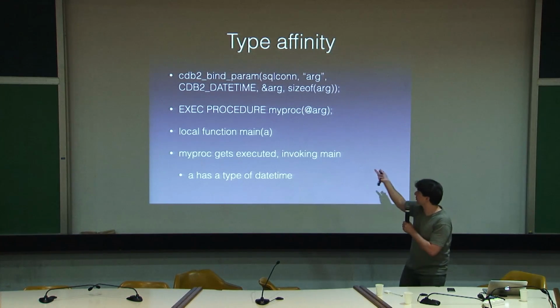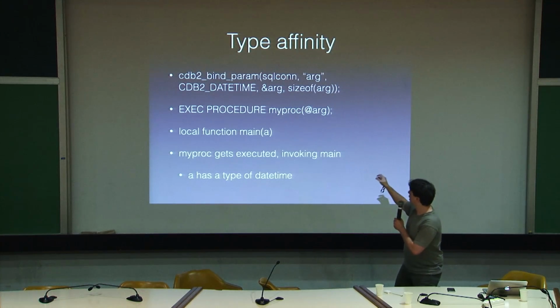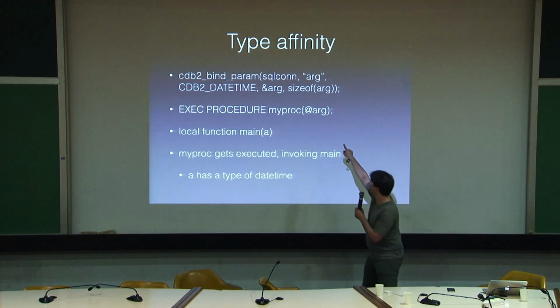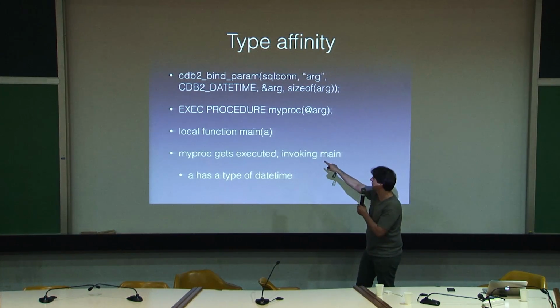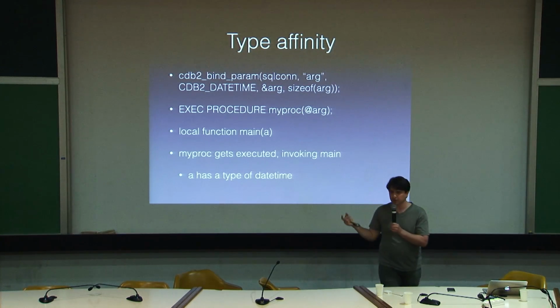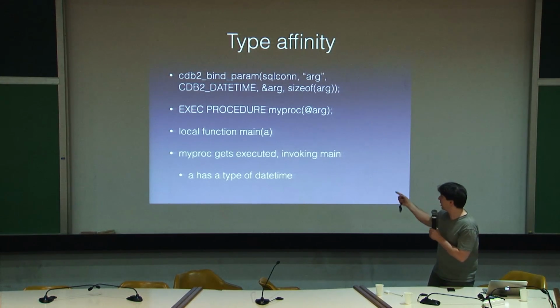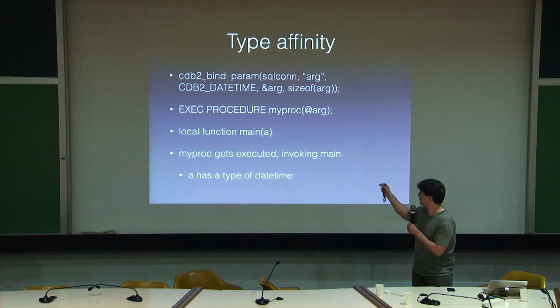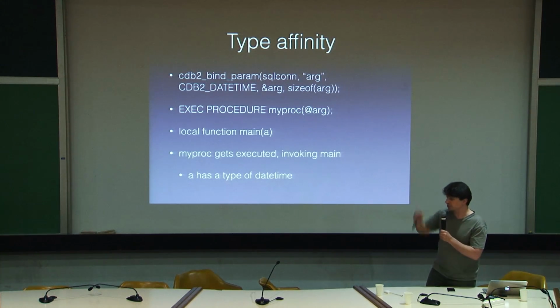This is a pretty standard looking thing. The @ is the bound parameter. I pass that in through the C to SQL to Lua boundary, so literally three languages are involved. We need to get the right data type. If we didn't have A, data types, and B, type affinity, you'd wake up with the wrong data type, which is very error prone. People expect to wake up with the right data type. So in this case, A would wake up with a type of date time, because that's what I bound two language layers above us.